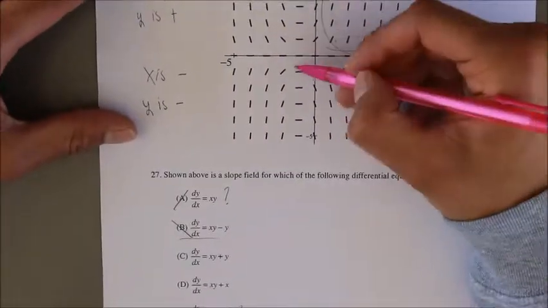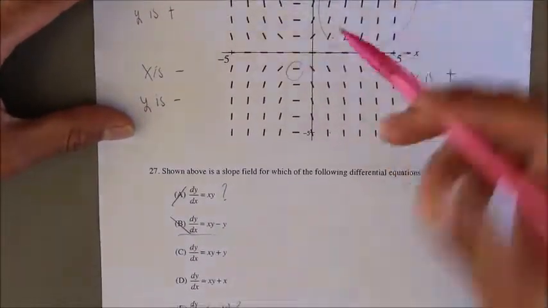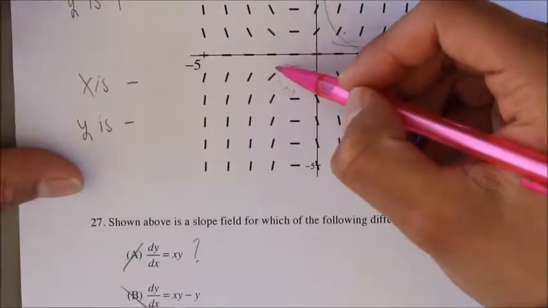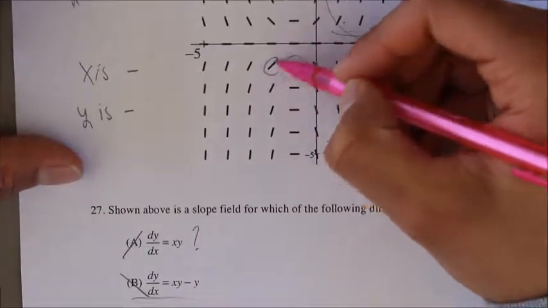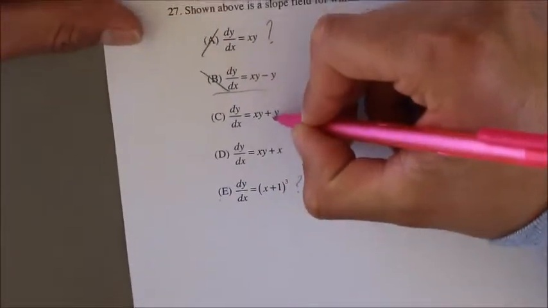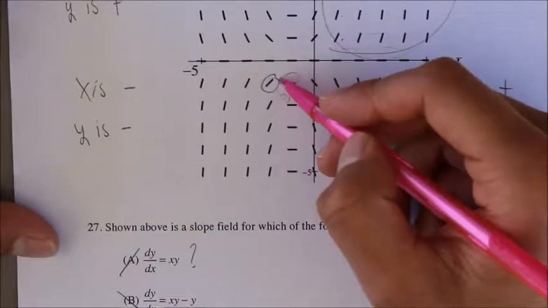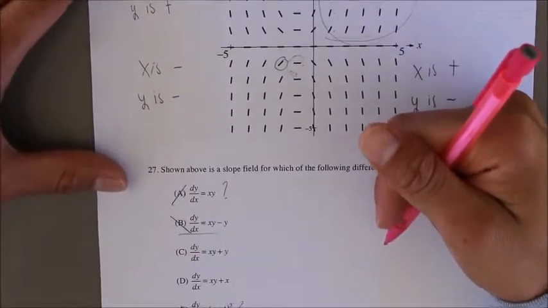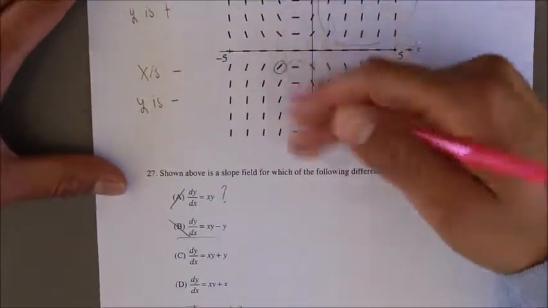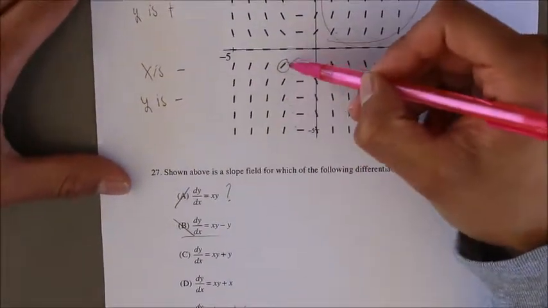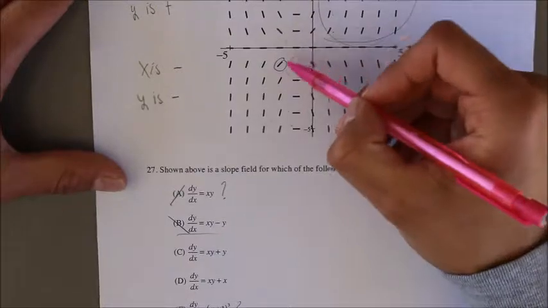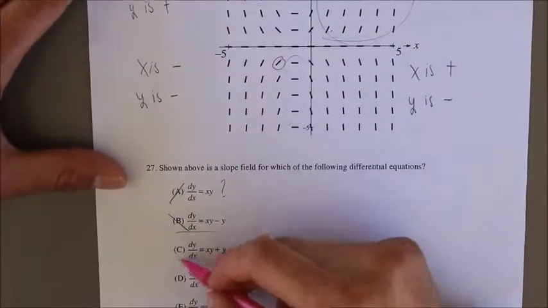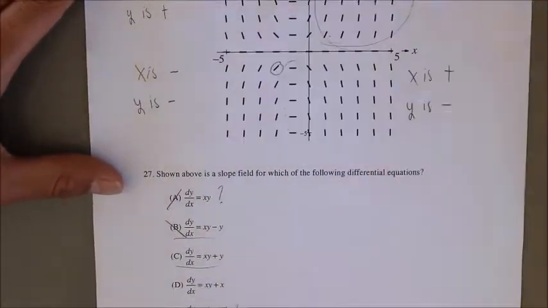If you look at the point (-2, -1) and plug it into this formula, -2 times -1 is +2. With that, you would add -1, so it gives you a positive slope. So C is still possible here.